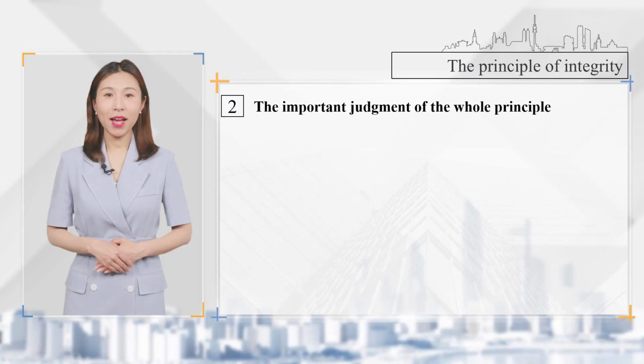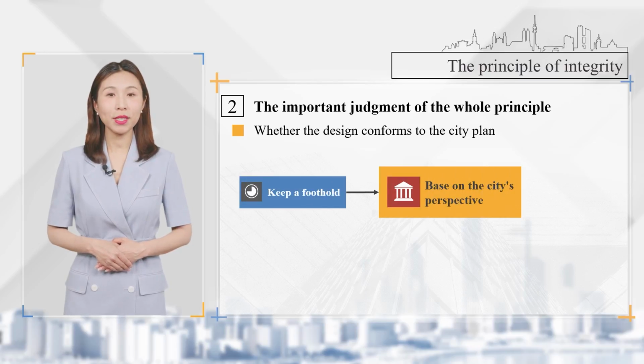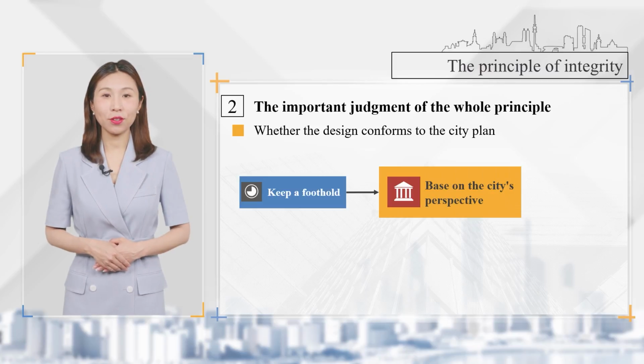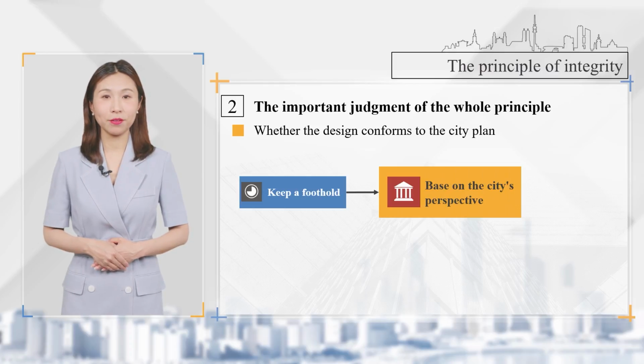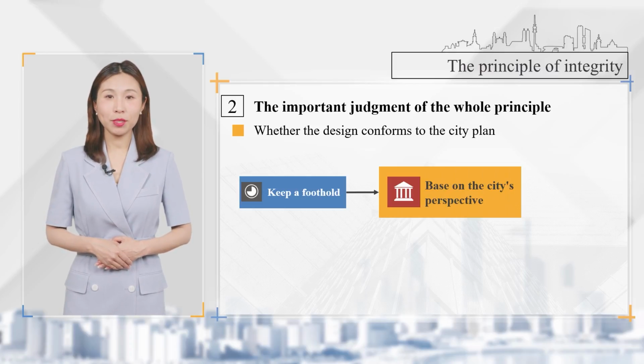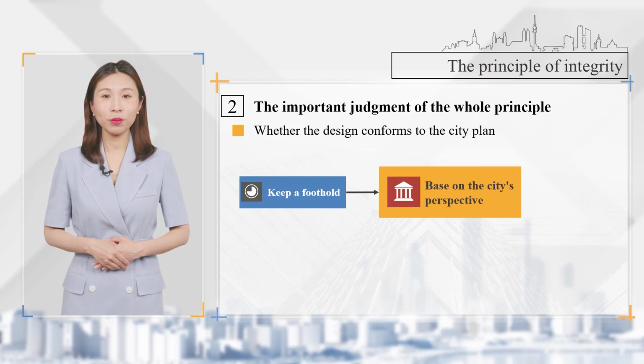The protection and design of historic buildings should be based on the whole city's angle, dealing with various contradictions and coordinating all kinds of relationships from a comprehensive perspective. The important judgment of the whole principle is whether the design conforms to the city plan.